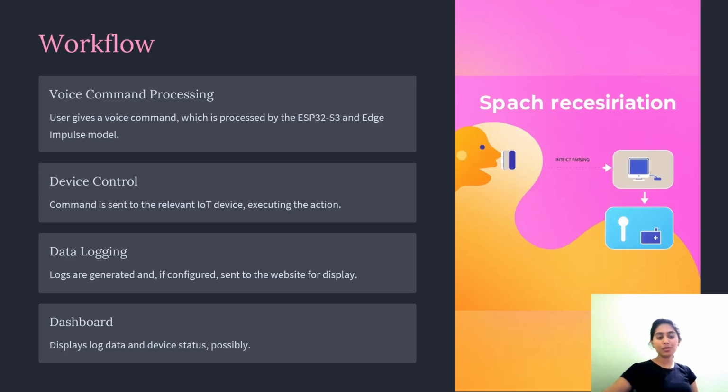Coming to the workflow of the project, firstly, we would be taking the voice input from our user. And once we have this voice input, we would be processing this locally. And we would be getting a keyword. And this keyword would be having a specific trigger action. So this trigger action via a communication channel would be sent to the IoT device. And the trigger is executed over there.